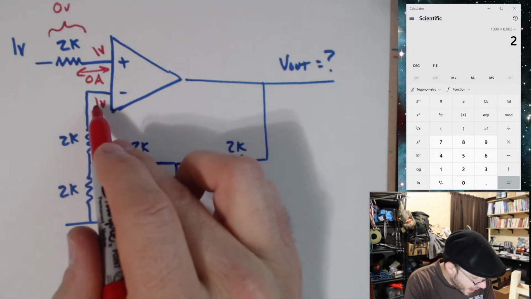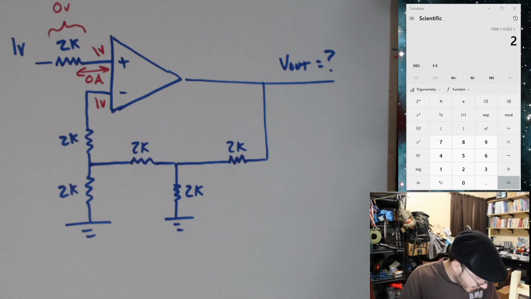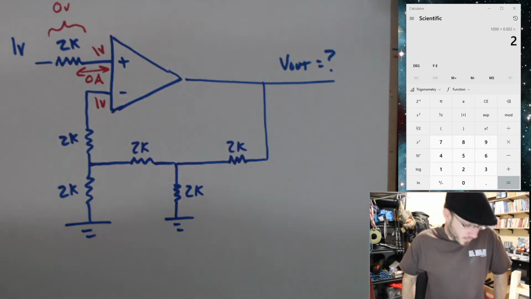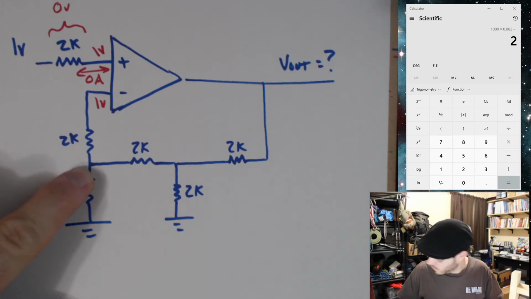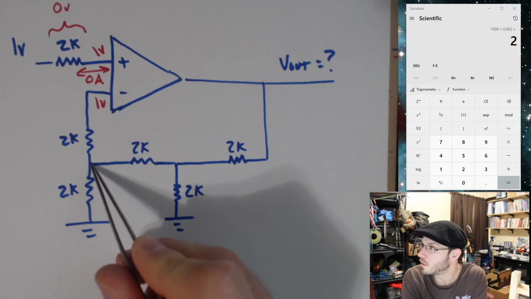All right, so I have 1 volt here, and well, check this out. What's my voltage at this point? Type that into chat. What is my voltage at this point?